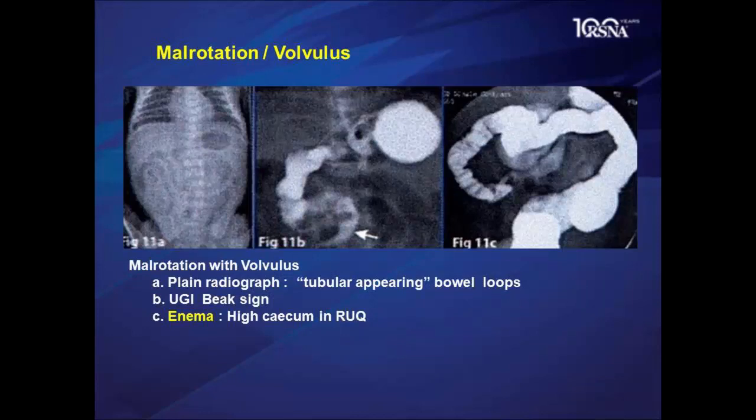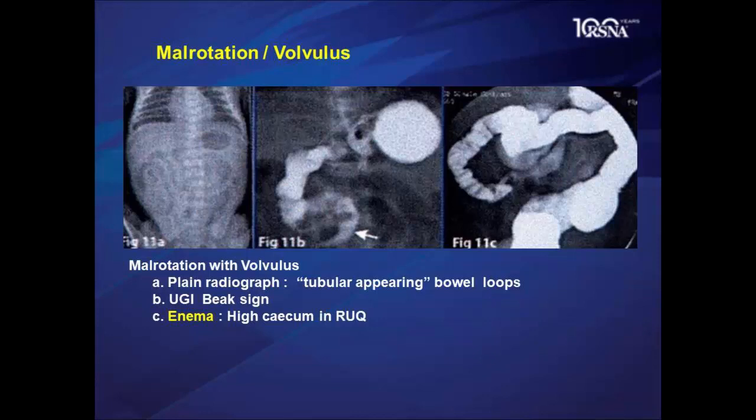Actually, on plain film, the small bowels are a little bit abnormal. When you see that sign, it may suggest there is a problem with malrotation. When you do the upper GI, we have the beaking, but the emergency of it is, of course, directed by the clinical situation of the patient.